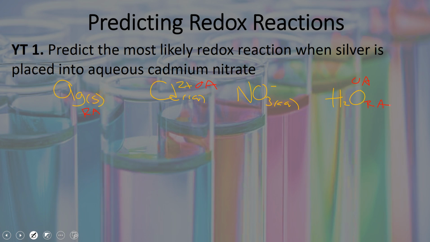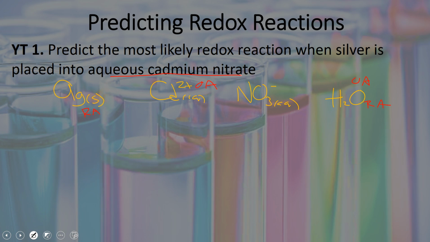Sorry, Austin, go ahead. Why is Ag not an ion? Because it's silver. It's just saying a solid piece of silver gets dropped in there. I know I put it in water, but is it going to react? I don't know. Right now, before I react it, it's just a solid piece of silver. Because this is aqueous, you break it into its ions. If it's an aqueous ionic compound, if it's soluble, it will break apart. If it's just a piece of metal, it's rated as solid.